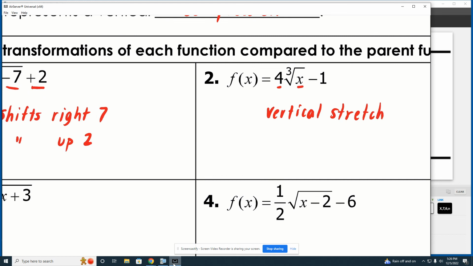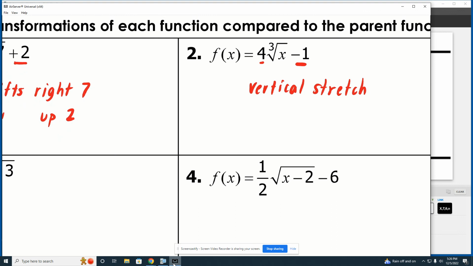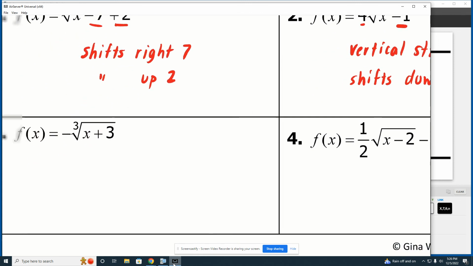Now, is anything being added or subtracted inside? No. So there's no horizontal shift. This minus 1 is clearly outside the radical. So that is a vertical shift. And it is what it is. So it shifts down 1.